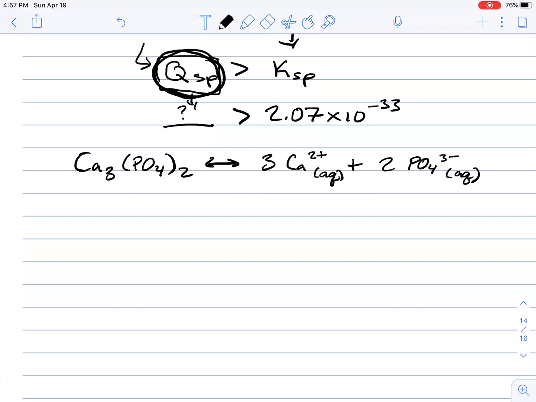And I apologize, I mentioned a little bit earlier that you have to develop an ice table, but whenever you're calculating Qsps or any Qs, no ice table is required. I think at that moment in time, I was just on autopilot. My brain was just on autopilot.